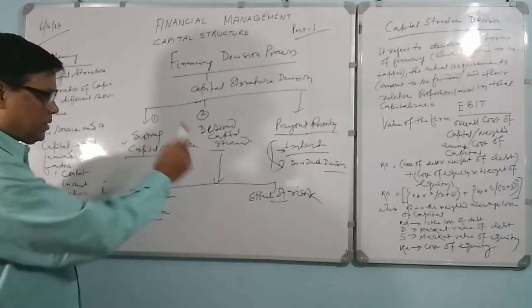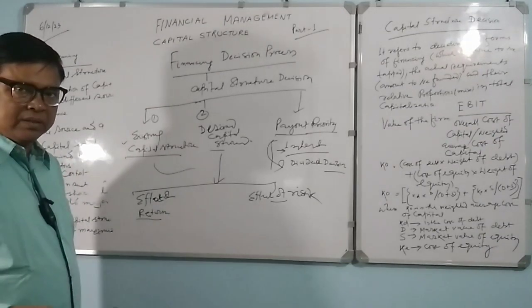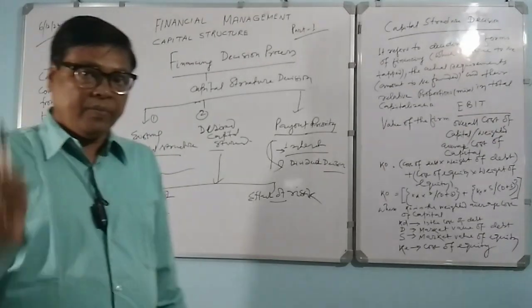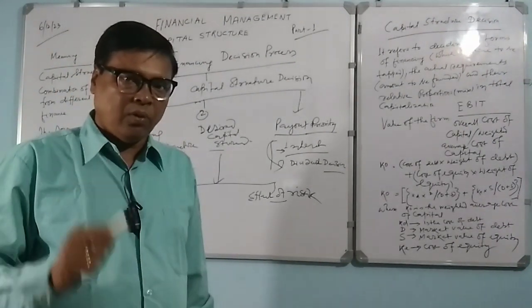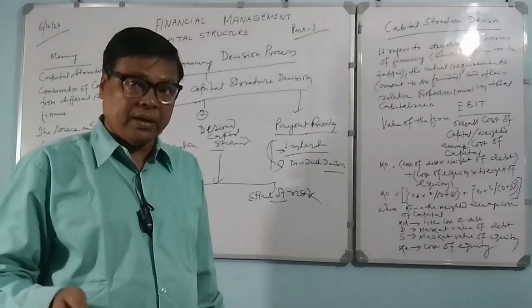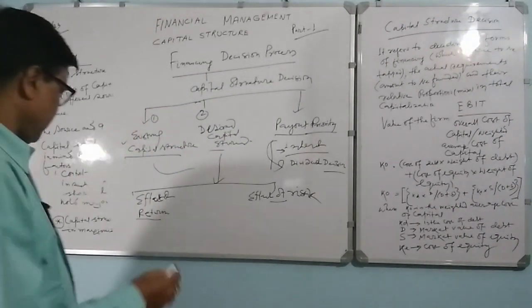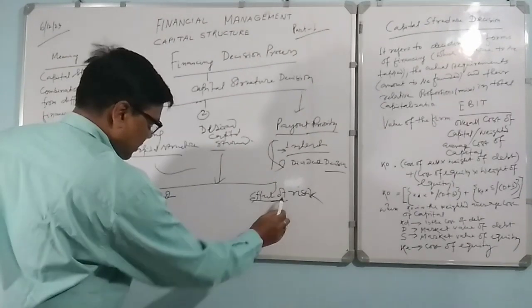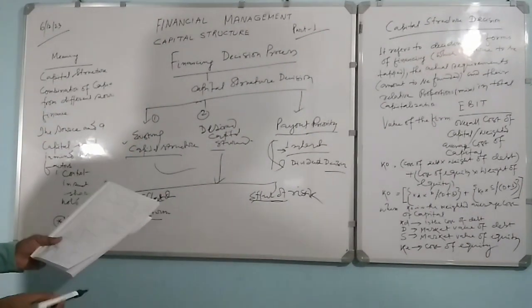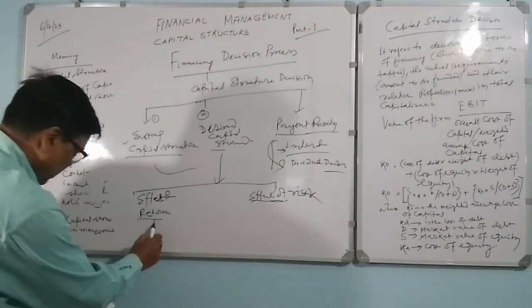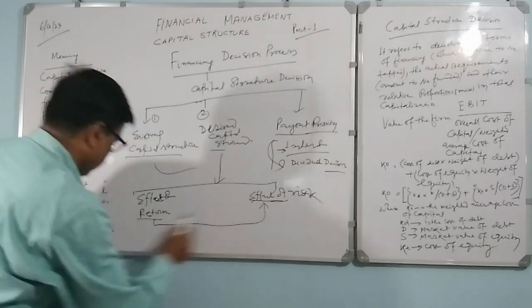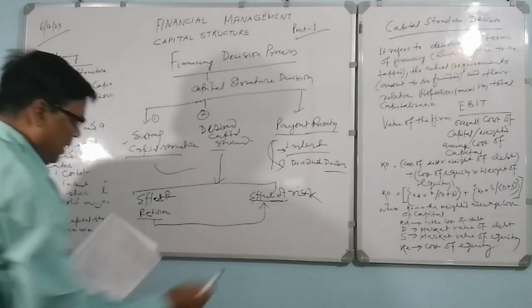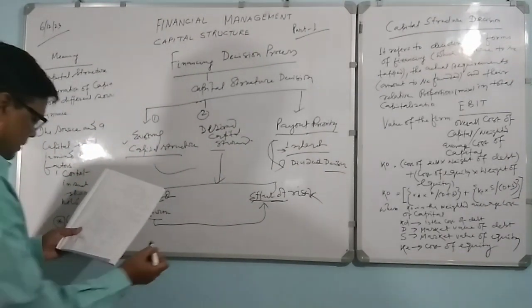Once you are increasing your capital structure, definitely there will be a burden in the form of dividend and interest. So that also you have to take into consideration, and the risk factor also you have to take into consideration. Now, the sum total of both these factors, effect of return and effect of risk.